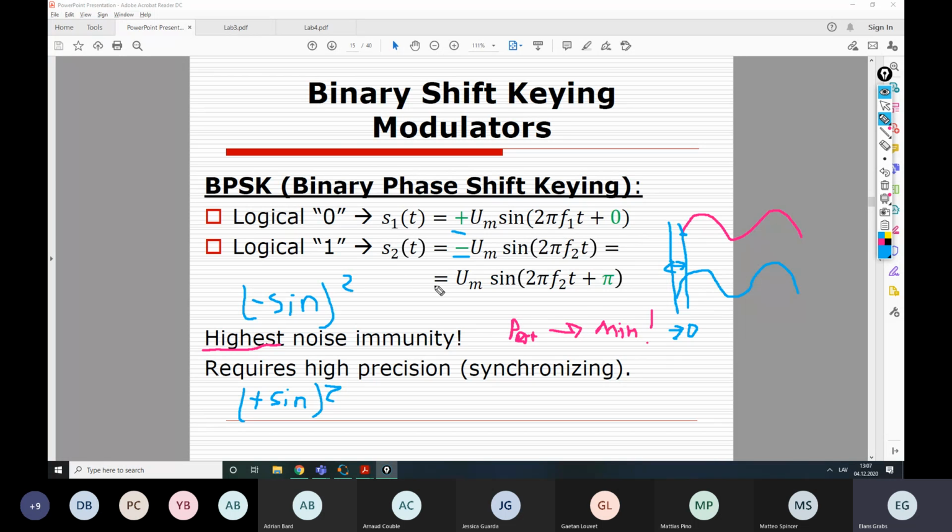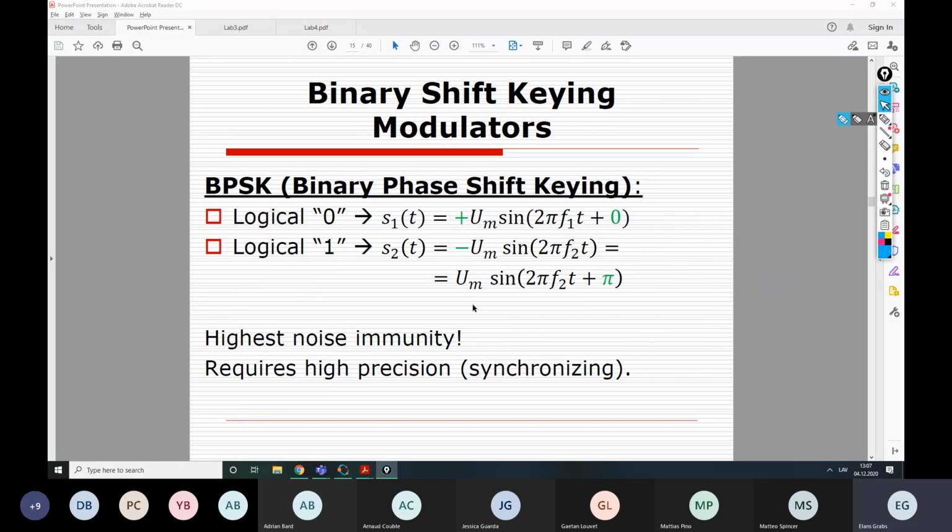Consequently, this 1 can also be considered as the phase shift of pi for this signal, which, according to school geometry formulas, actually gives us the minus sign of the same initial phase of 0, right? So that's how it's working. And that's both good and bad, because this requires some very precise operation, which at the modern day we are capable of, and we can do that.